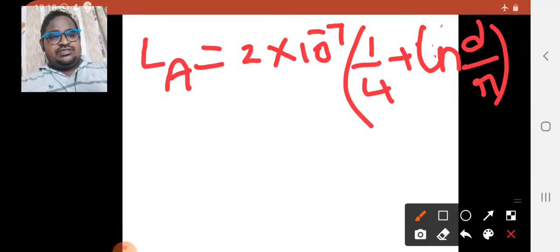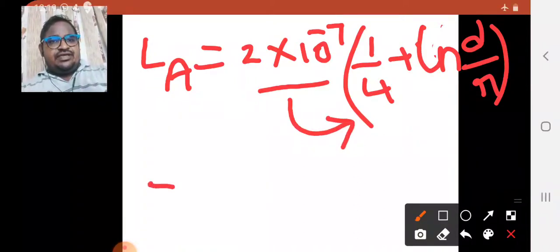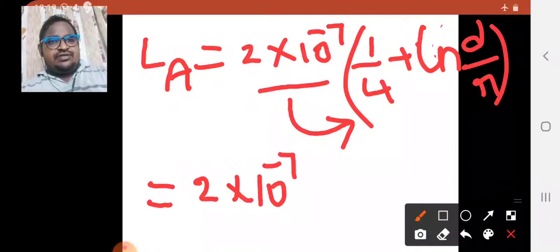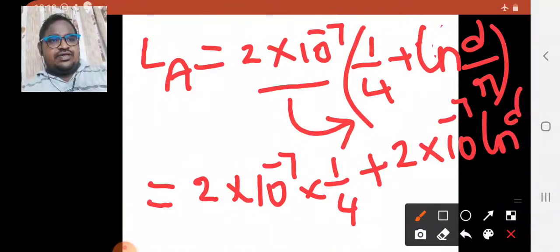Now what I am doing is inserting this 2 into 10 power minus 7 inside. Then this equation will be LA is equal to 2 into 10 power minus 7 into 1 by 4 plus 2 into 10 power minus 7 ln d by r.